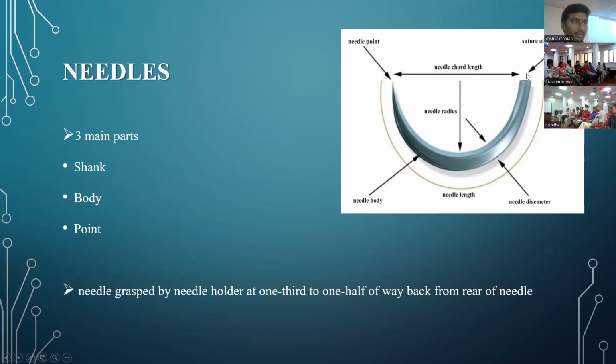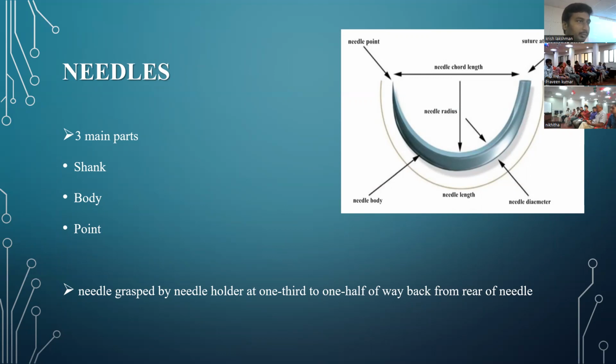Next slide. So where do you hold the needle halfway down, and where do you use the needle holder about 2/3? When we require more precision, we use it at around halfway. And when we require more length and curvature, we use around the 1/3. So basically, whenever you are closing the abdomen, you use it at 2/3, 1/3.